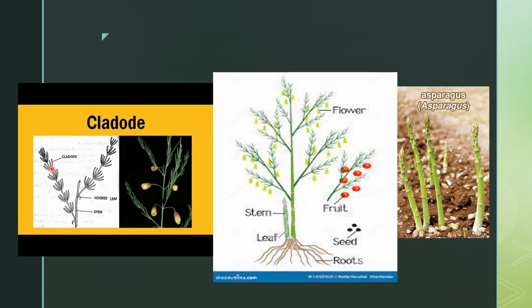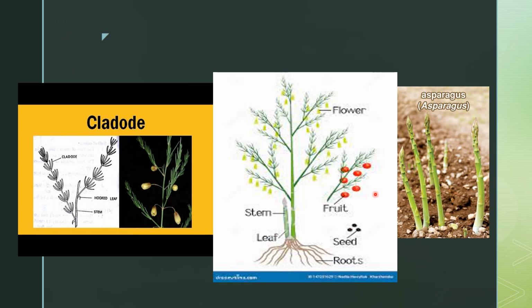Okay, it has a green color to do photosynthesis, and also can bear fruits, and it has a flower bud to give fruits, and the fruits contain seeds. Okay, these are two examples of cladode.